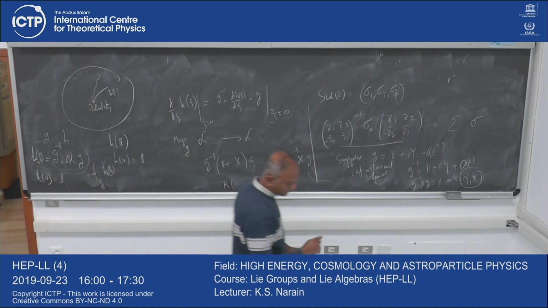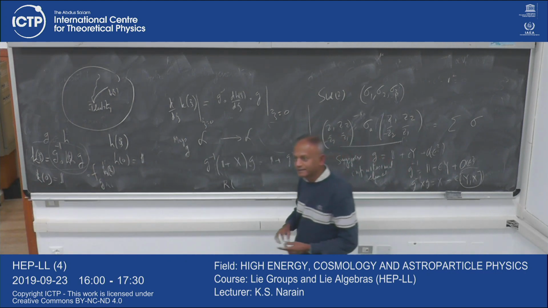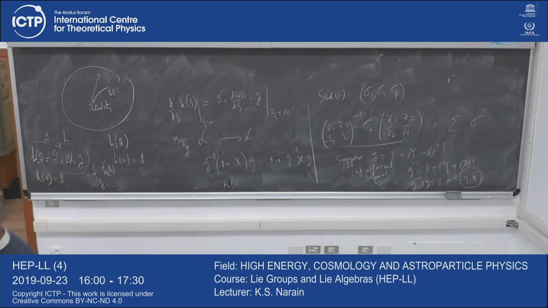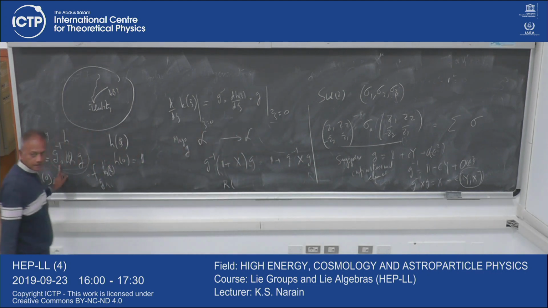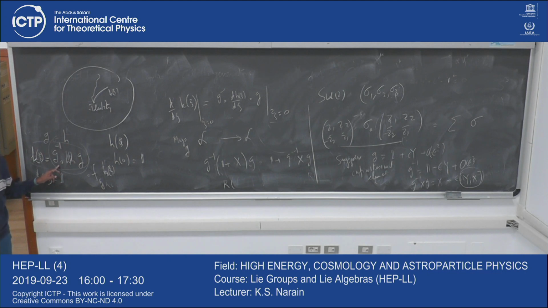So here y is the generator of the element G, y is the parameter in the infinitesimal element G. G is an arbitrary element, but this is true for any arbitrary element; it doesn't have to be infinitesimal. But let us now focus on when G is also infinitesimal, infinitesimally close to identity.